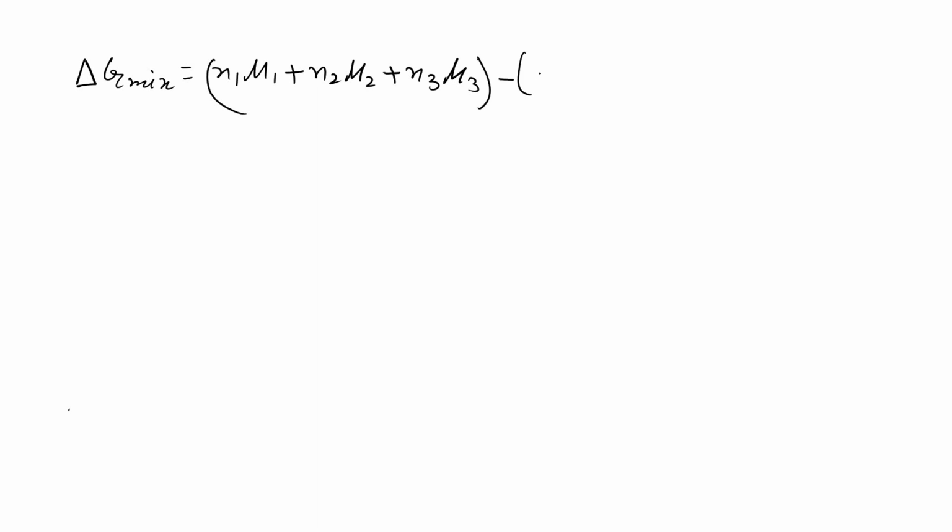So this delta G mixing is equal to N1 mu1 plus N2 mu2 plus N3 mu3, minus N1 mu1 star plus N2 mu2 star plus N3 mu3 star.